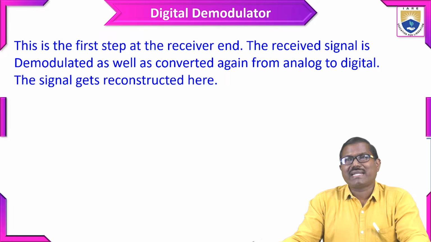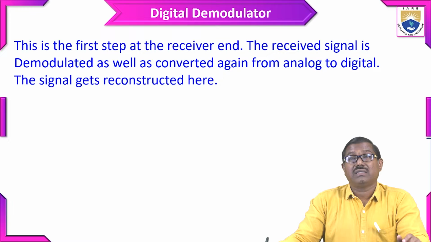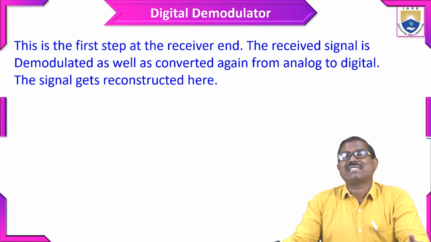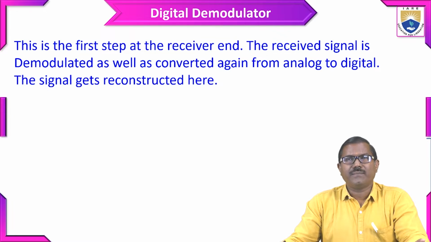On reaching the receiver, the signal form is analog, but the user requirement is digital. So we convert analog into digital form by using the digital demodulator, and here the signal is reconstructed.